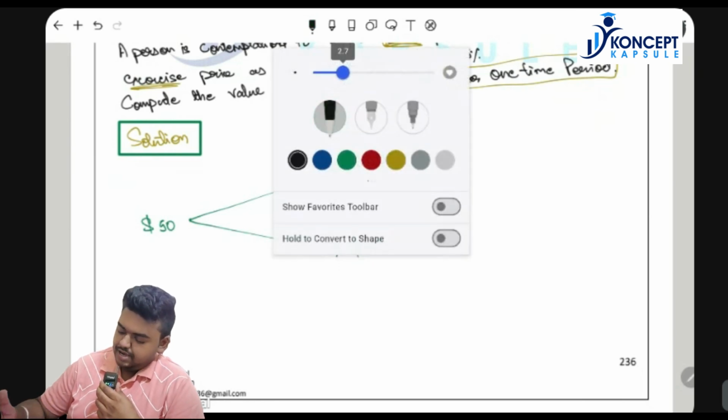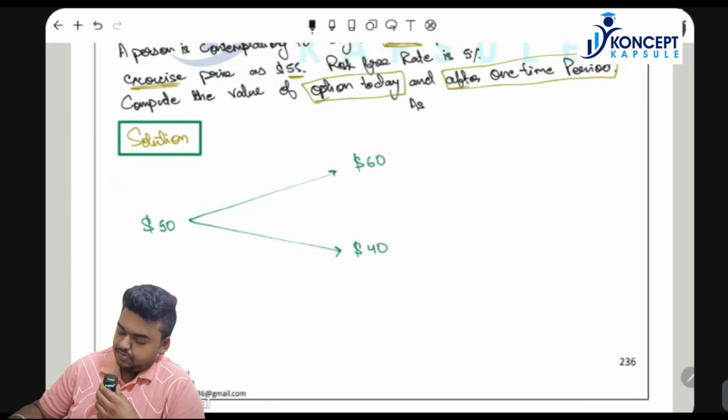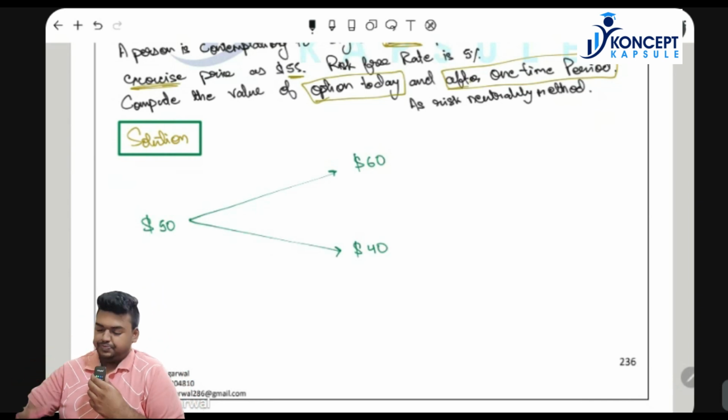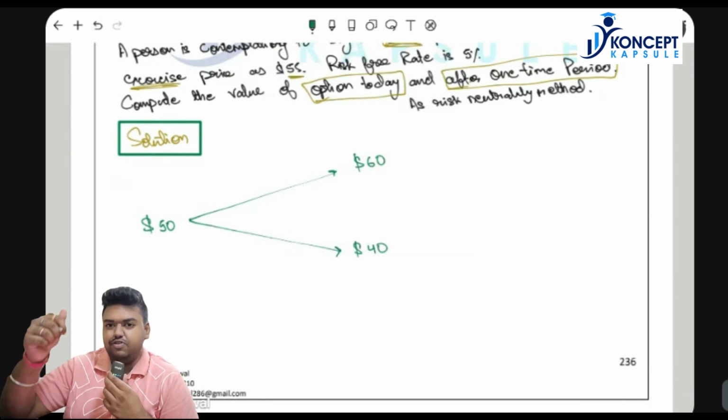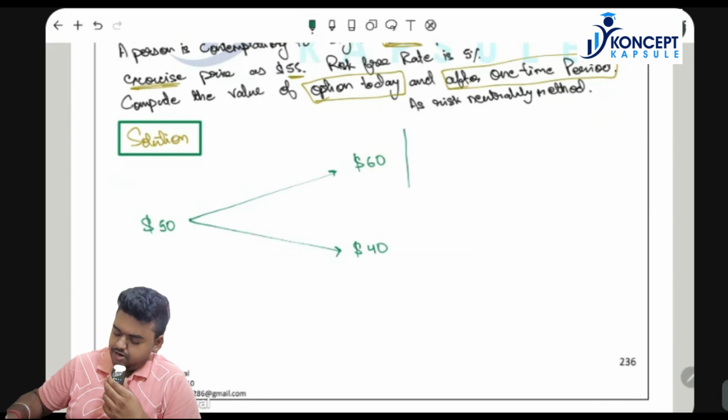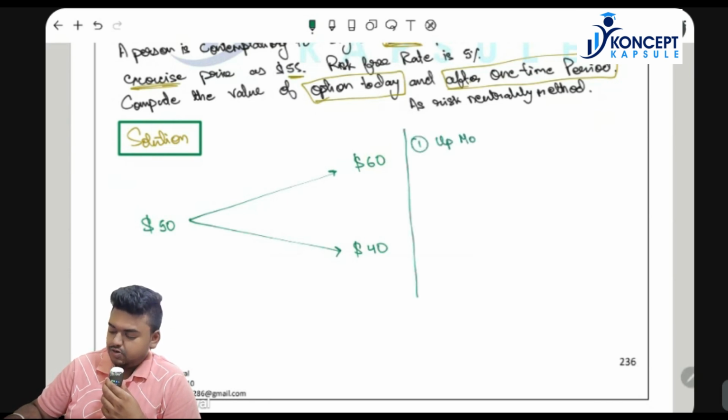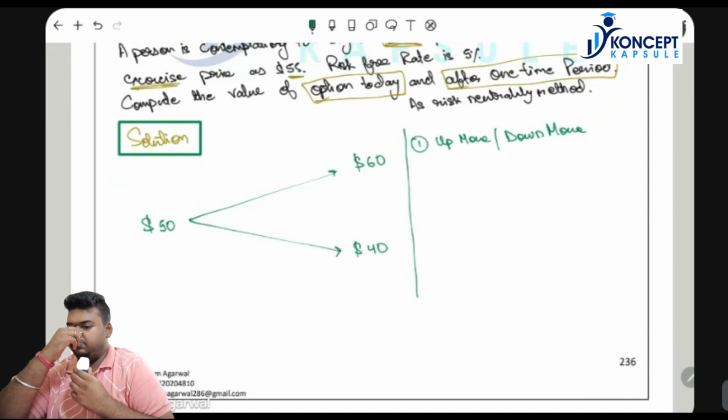Compute the value as per the risk neutrality method. So we are given 50 can go to 60 or 40. Now we have to compute first, as per the risk neutrality method, the up move and down move factor. Yes or no, guys? How do we compute up move and down move?